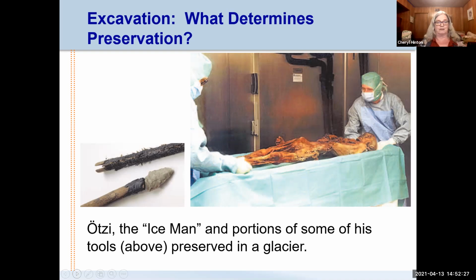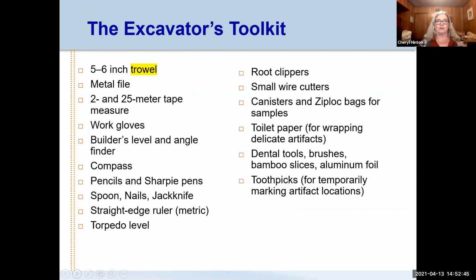He was preserved in the glacier, and his tools were well preserved, including the wood. We could see the contents of his stomach, see what he'd eaten before he died, all kinds of incredible information. So as long as microorganisms can't interact in the way they do, organic materials can be preserved.